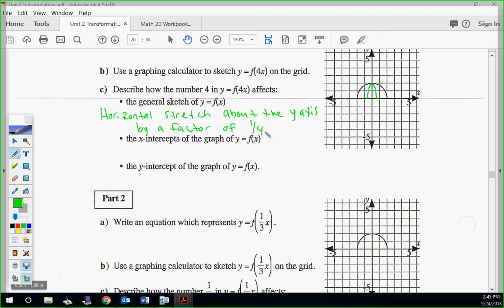Again, because it got smaller, I know you think, wait, it was 4. Yes, it's 4, but the factor that it stretches is 1/4. The x-intercepts, do they change? Yes, they change from -2 and 2 to -1/2 and 1/2, which is they are multiplied by 1/4. The y-intercepts, same.